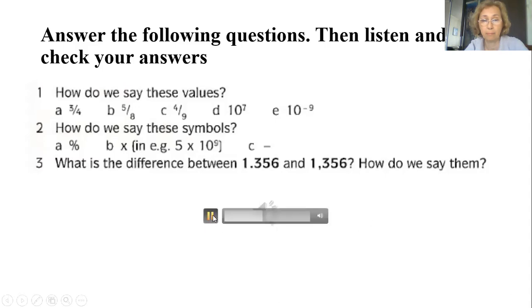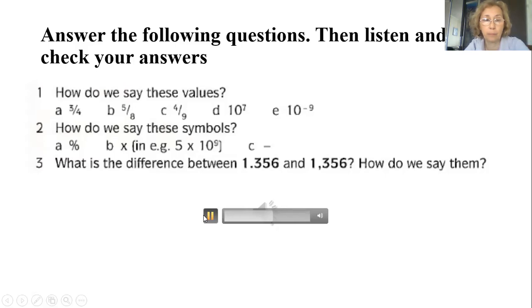E, 10 to the power of -9. You see, to the power of, yes? And surprise, surprise, this is 3/4. You see, not fourth or quarter. Yeah, quarters. I think fourths is okay. Okay, 3/4.